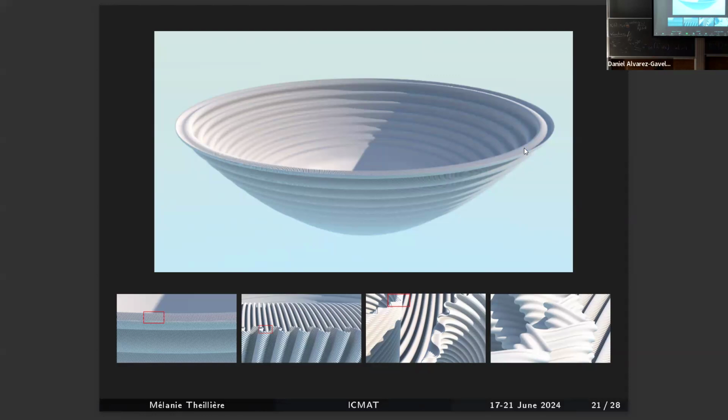Of course the corrugations are more on the boundary, because it's there that we want to increase the length in particular. The initial surface was 1, and we increase length more on the boundary than at the center.